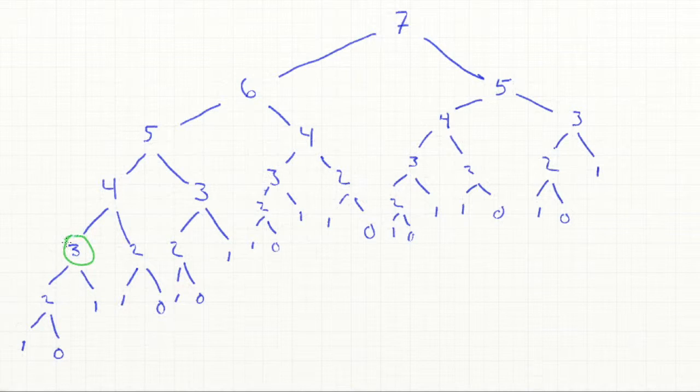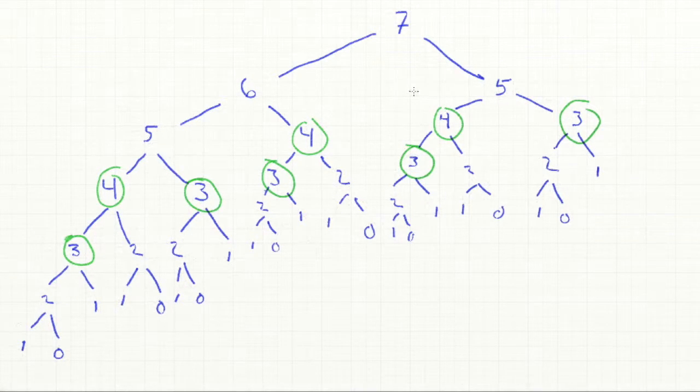Like this Fibonacci of 3, we compute here, and here, here, here, and here, so a total of 1, 2, 3, 4, 5 times. The Fibonacci of 4, we compute there, there, and there. So the problem is that we compute these things over and over and over again.